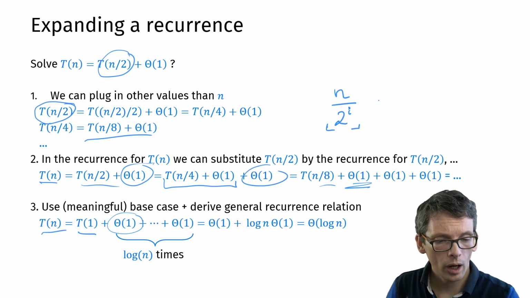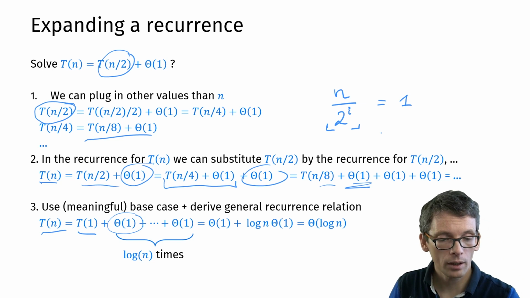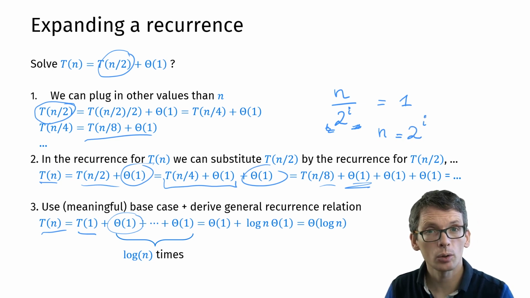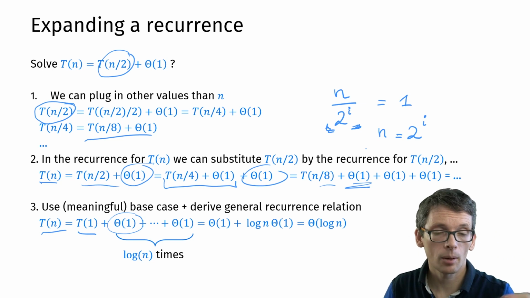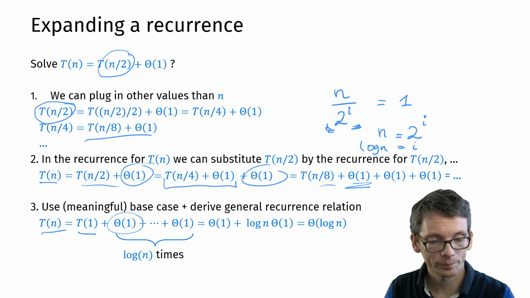Now, how large does i need to be until this is 1? Again, let's ignore the rounding. This corresponds to n is 2 to the i, which, applying logarithms on both sides, gives me that log n is i.